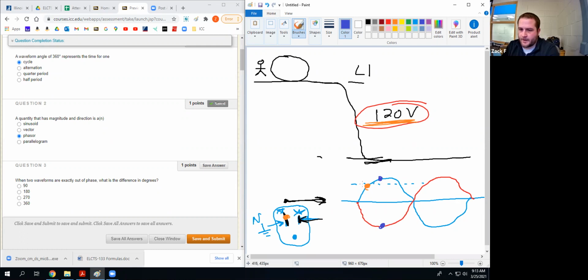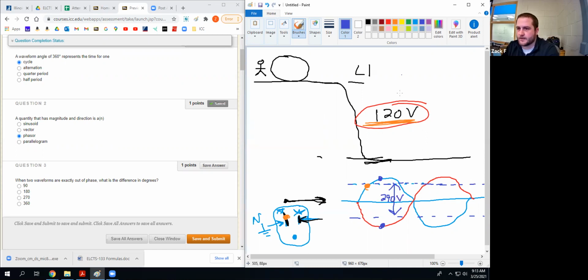Anywhere on this sine wave, what you're actually picking up with your meter is this value here. That is 240 volts.